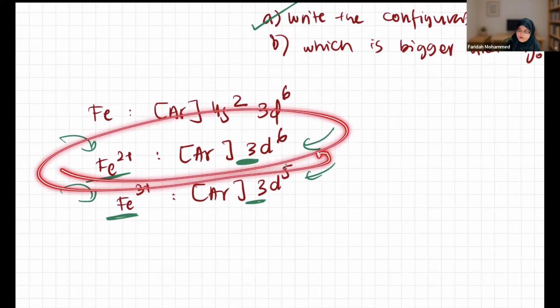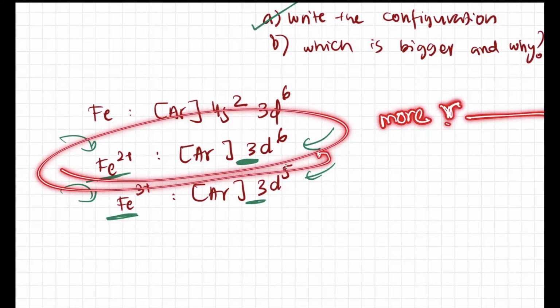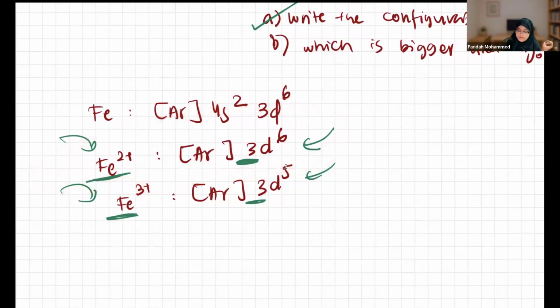Because there is more what? Starting with R. Repulsion, yeah. When electrons repel on their shell, what's going to happen? The ion is going to become bigger.